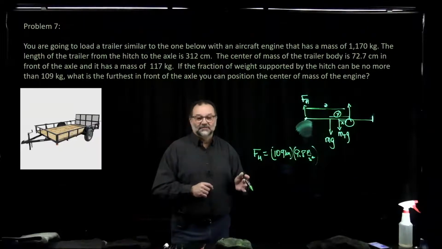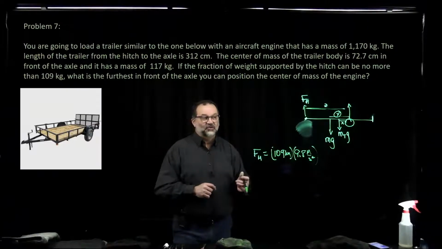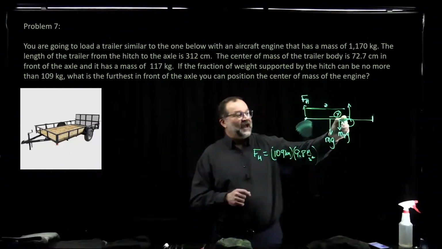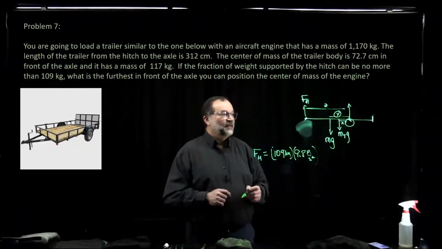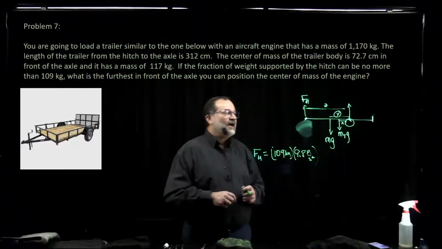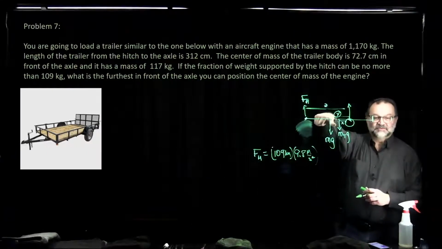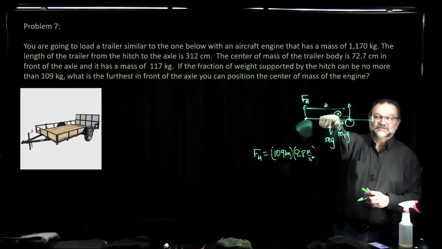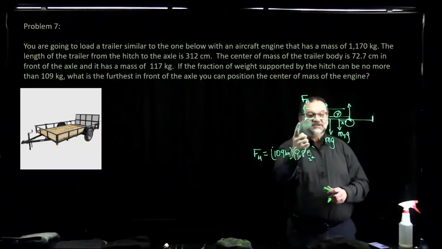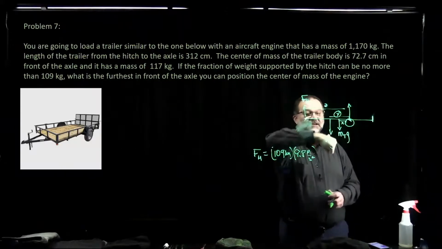Let's look at the torque about the axle back here. If we look at positive torques, the trailer mass is going to give us a positive torque. The engine being in front of the axle is going to give us a positive torque. And then the hitch has to give us a negative torque.